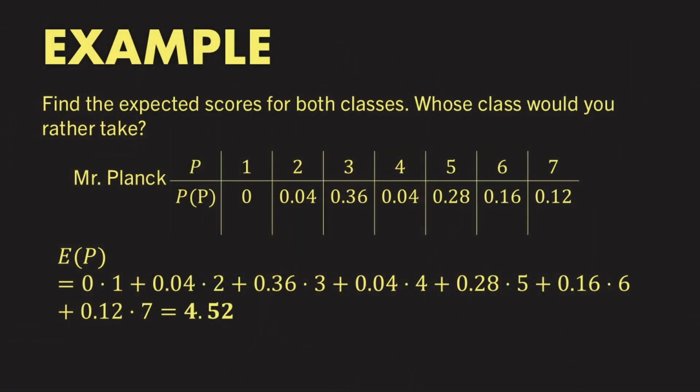Let's see what happens with Mr. Blank. That gives you a 4.52, meaning that the expected grade a student can get in Mr. Blank's class is higher than in Mr. Bohr's. Were you to choose one or the other, you should choose Mr. Blank's.